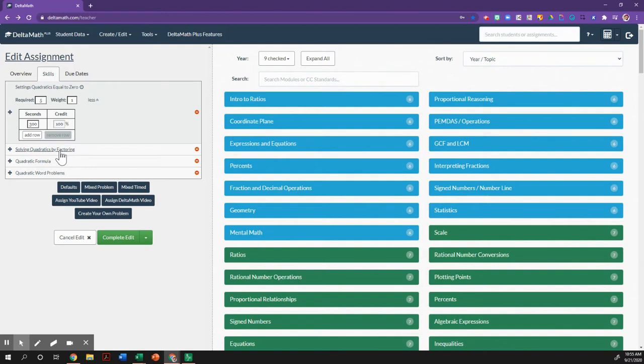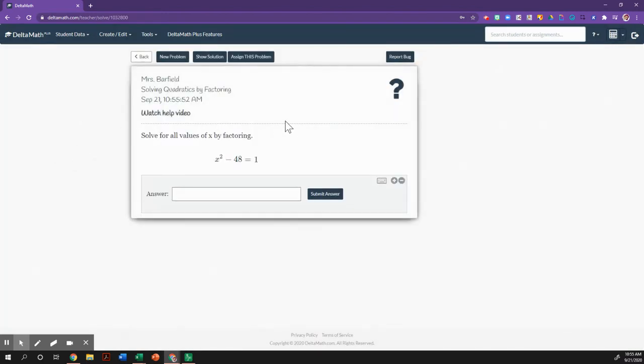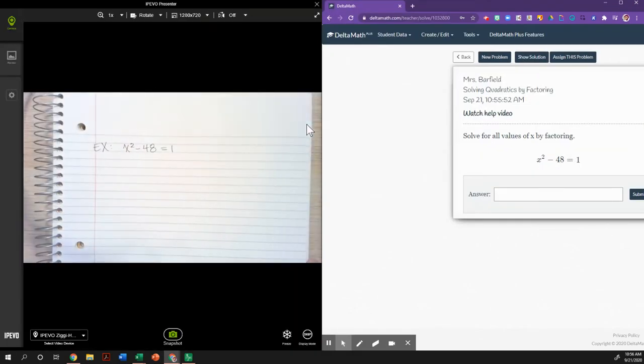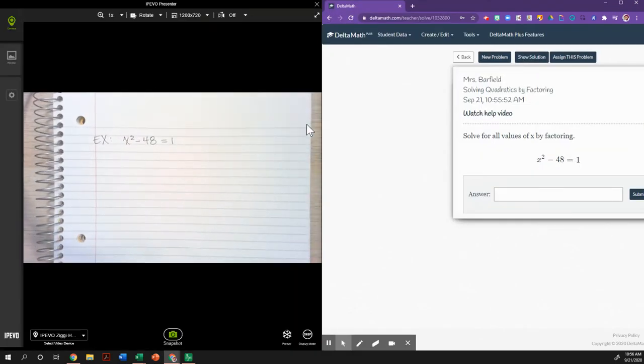So let's jump into solving quadratics by factoring. Our first example here is x squared minus 48 equals 1. Let me bring up my paper here. I cannot solve this until it's equal to 0.